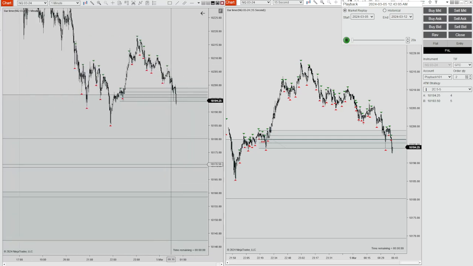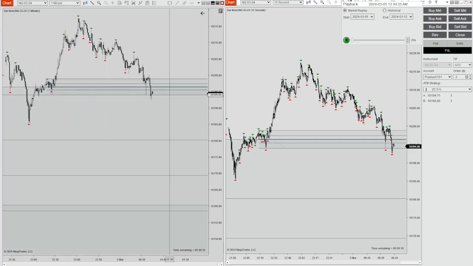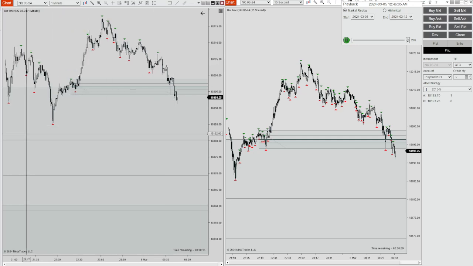Okay, so it looks like it's still pretty bearish potentially. Wait, it just swept it. Yeah, it closed below the S&D. It looks like it's heading down.